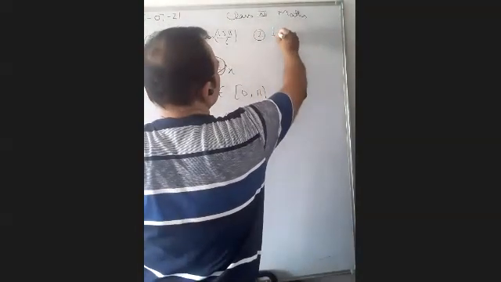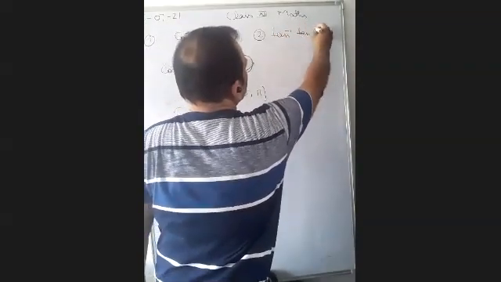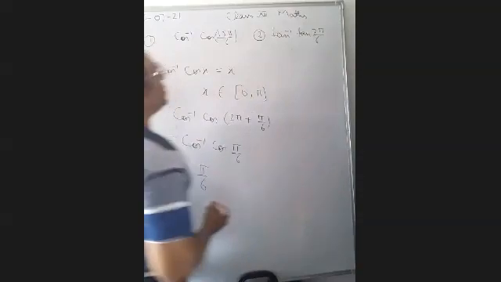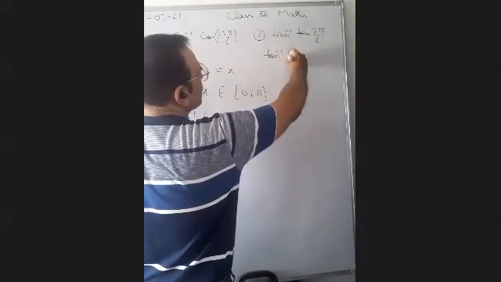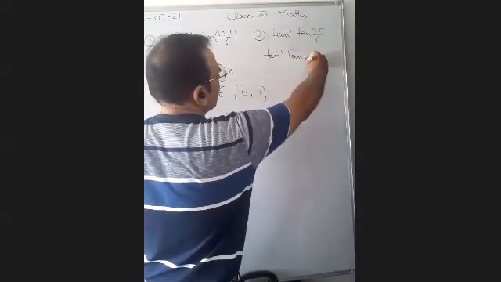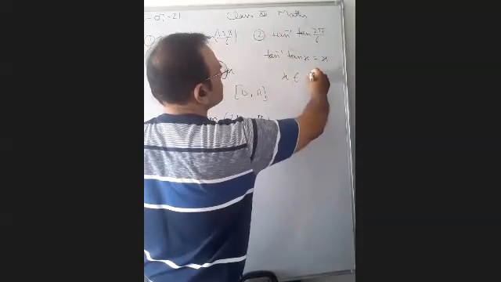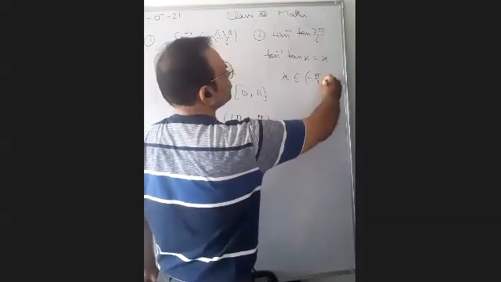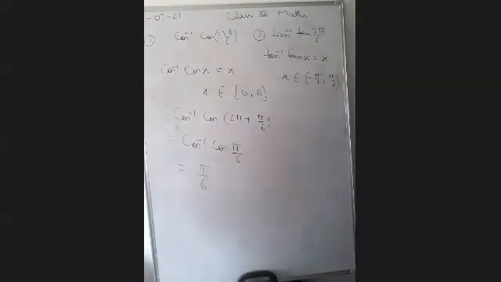So for tan inverse tan x, tan inverse tan x will be equal to x if x belongs to minus pi by 2 to pi by 2. This domain you have to remember. So just check if it is lying in this interval or not.